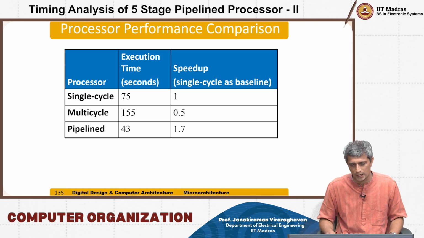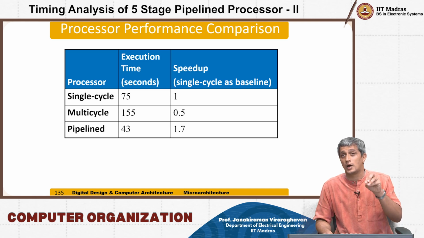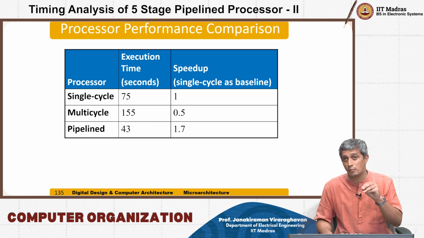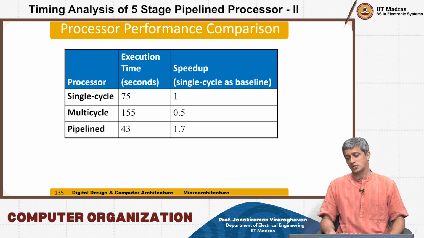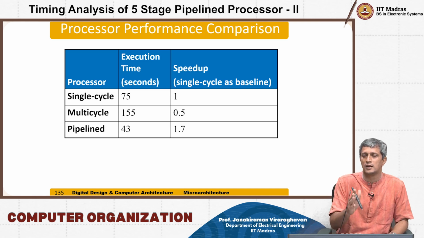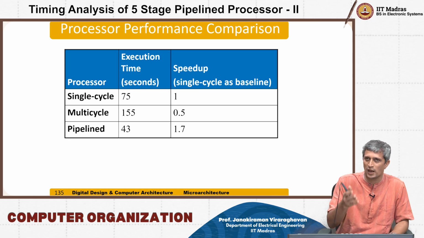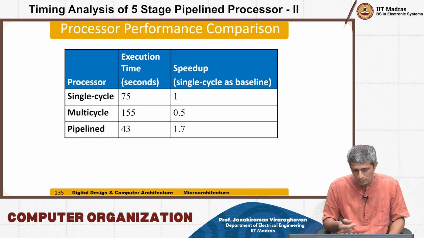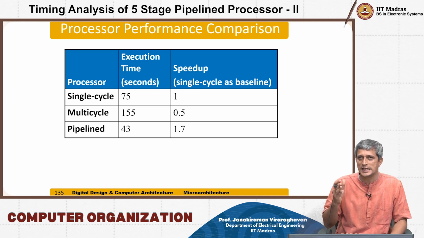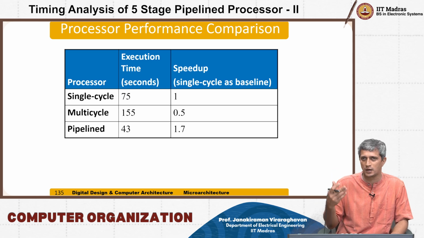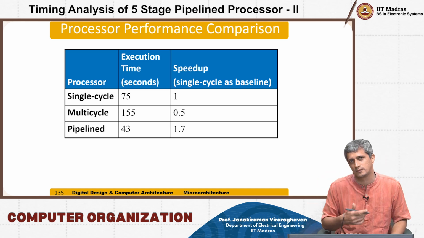So the multi-cycle was inferior for this particular benchmark, but the pipeline processor on the other hand took 43 seconds, and therefore the relative speed up, normalized to the single cycle program execution time, would be 1.5 and 1.7. Therefore, the pipeline processor is indeed the right way to go forward in terms of implementation and usage. Thank you.